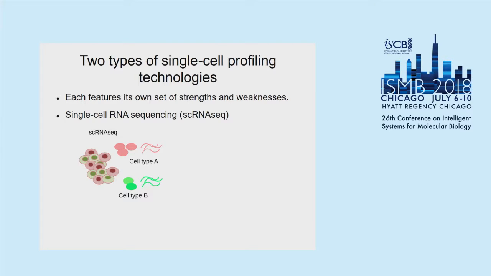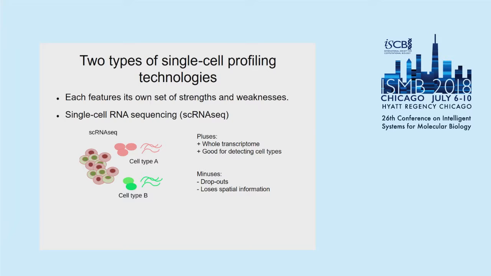By far, the most popular technology is single-cell RNA sequencing, which has been pretty successful in determining cell types, due primarily to the fact that it can measure whole transcriptome information at the single-cell level. So we can leverage thousands of genes for identifying cell types.